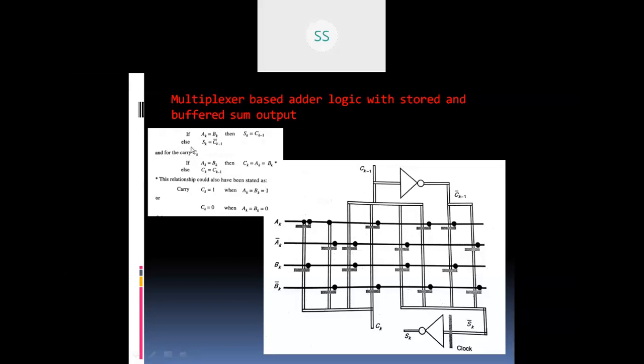From the previous truth table, there is one observation: if AK equal to BK, then SK is equal to CK minus 1.